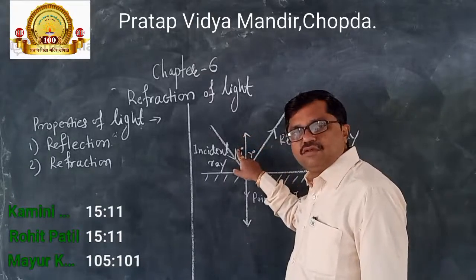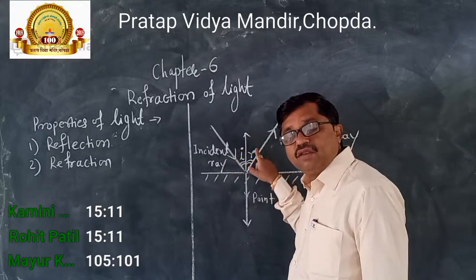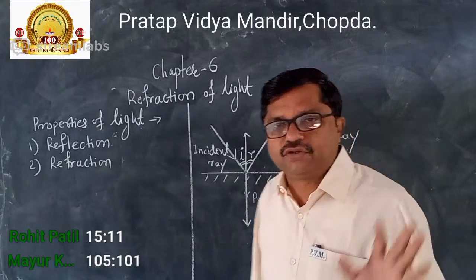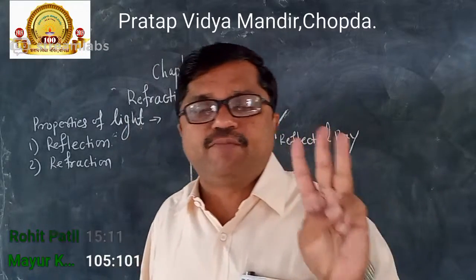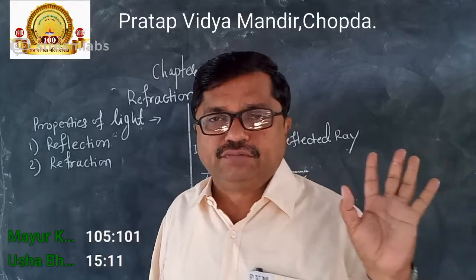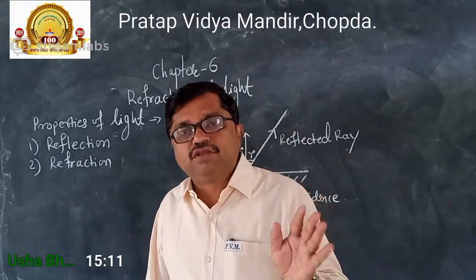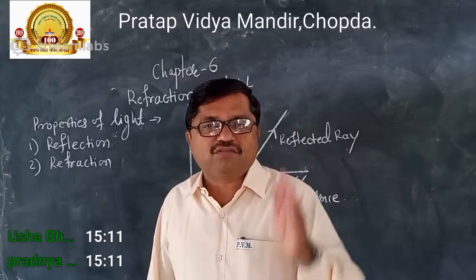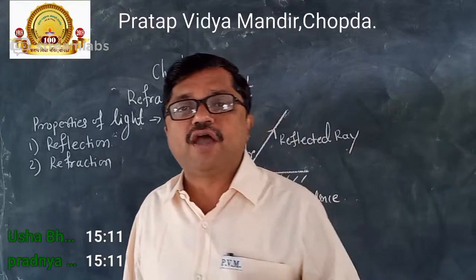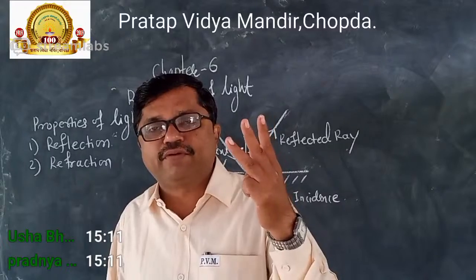This is the third law of reflection. These three laws are very important. Keep this in mind and don't forget, because in the technical field for the subject physics, these concepts are very important. So I am repeating the three laws of reflection.